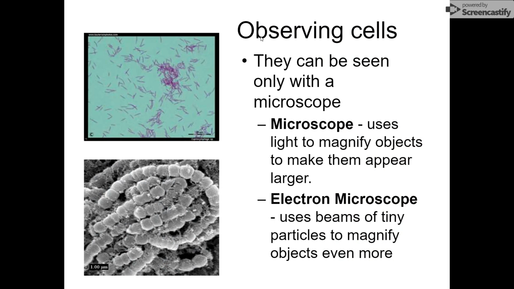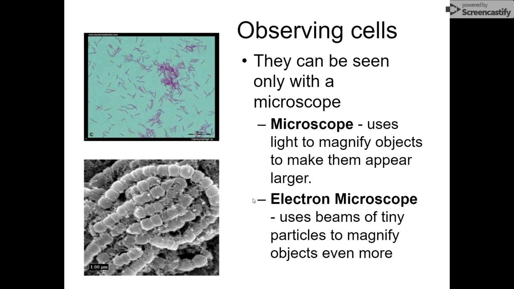All right, so when we see cells, they're really tiny. We can't see cells with just our eyes, so they can only be seen with a microscope. We're doing just two types of microscopes. The microscopes we have at school that you usually see is just a plain microscope. It uses light to magnify objects to make them appear larger.